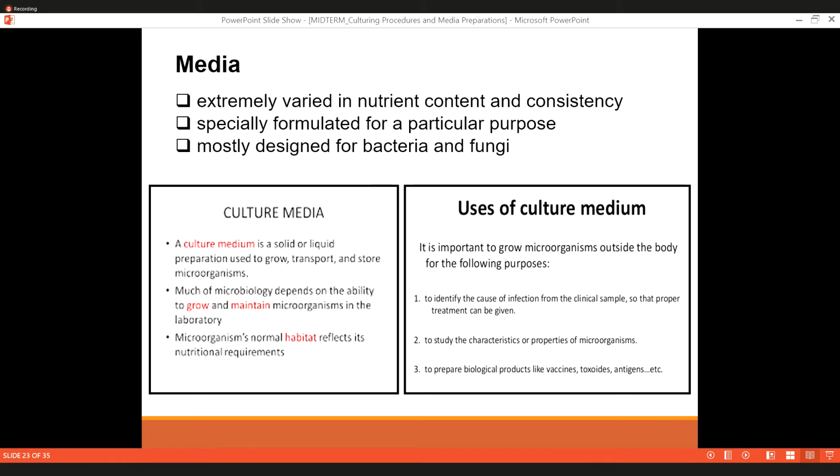With that, they can administer proper medication, diagnosis, etc. Next is to study the characteristics or properties of microorganisms. Same as number 1, that enables them to get more information about the microorganism. Then next is to prepare biological products like vaccines, toxoids, antigens, etc.